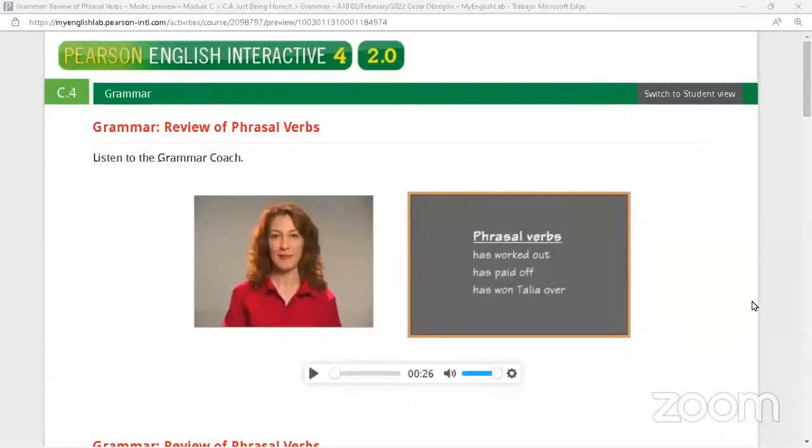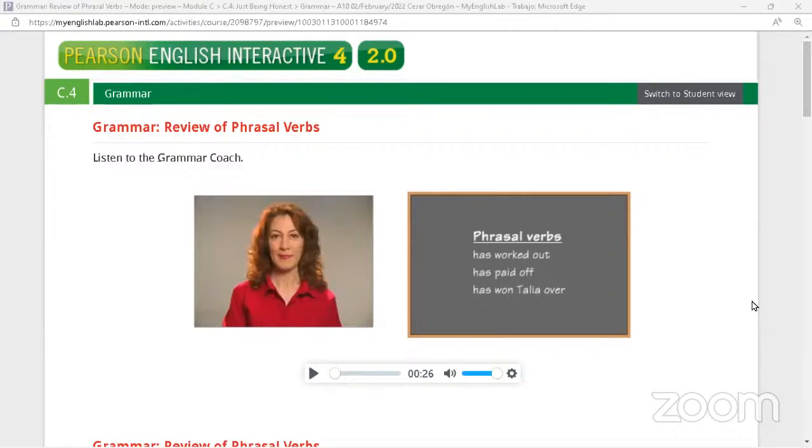Okay, let's go now into another grammar section. I promise this one is going to be easier. Review of phrasal verbs. We know this. Do you remember what type of phrasal verbs we have? There are 2. Do you remember?